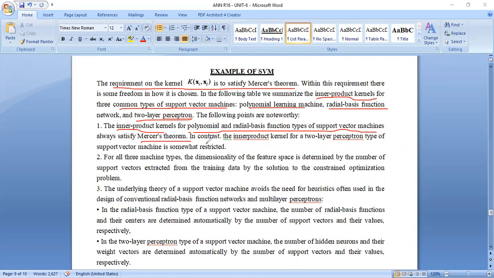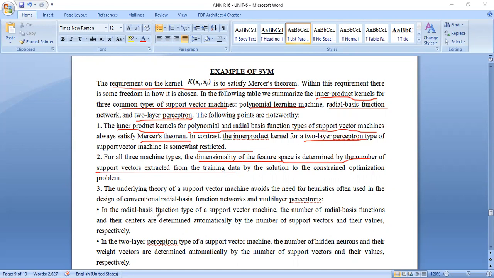But the two-layer perceptron is somewhat restricted because of the beta naught and beta 1 values. And for all the above three machine types, the dimensionality of the feature space is determined by the number of support vectors extracted from the training data.